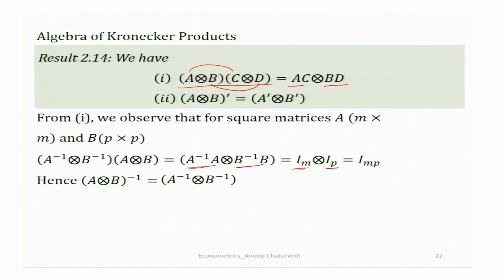So, you get I_m canonical product I_p, and obviously, this is equal to I_mp, identity matrix of order mp. And from here we observe that the inverse of A canonical product B is equal to A inverse canonical product B inverse.